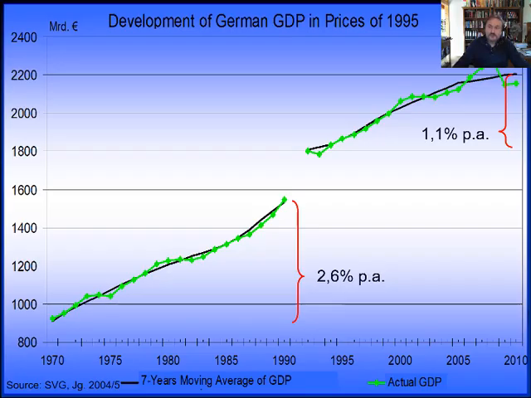Under a growth regime with 1.1% GDP growth, real income doubles only every 63 years, which means your income doubles only 1.5 times in an average lifetime.